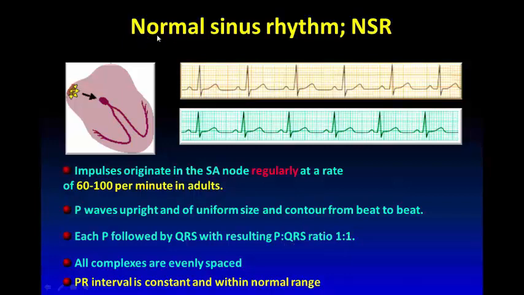Also, the normal sinus rhythm shows that all complexes are evenly spaced, hence the time interval between the successive P waves and the time interval between the successive QRS complexes are equal. The PR interval in a normal sinus rhythm is constant and within the normal range of duration.